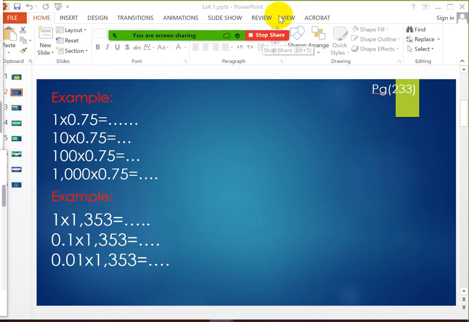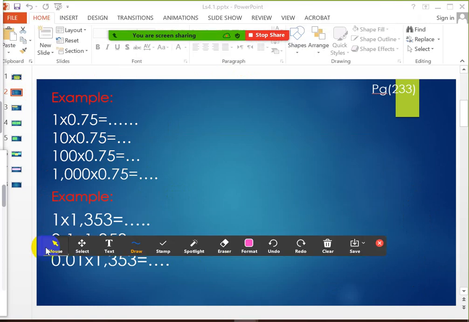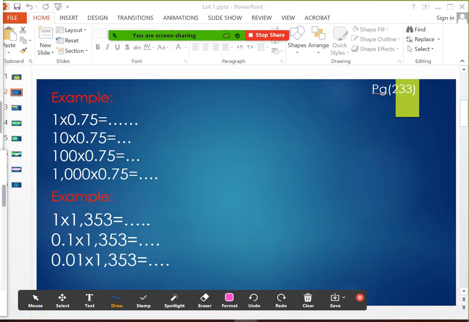So if I want to find the answer for this pattern, girls, the decimal number is 0.75. The pattern means I have a sequence of numbers, okay? Pattern of numbers 1, 10, 100, 1000. This is the pattern.